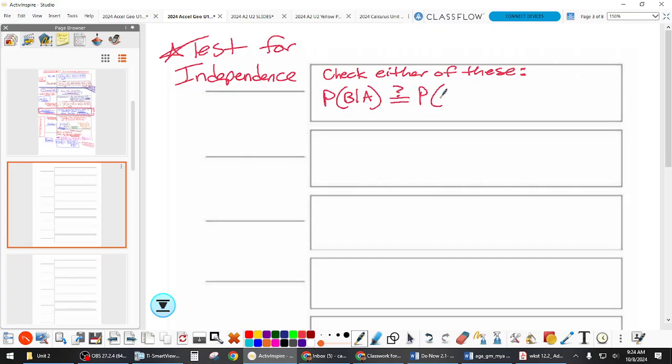What am I about to write here? What goes there? If I write P, B given A. Yep.